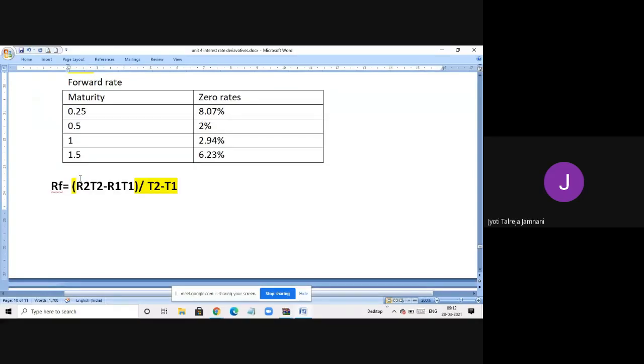So we'll find the forward rate. We can't do it for 0.25 because there is nothing before that. We'll start from 0.5 only. So this is T2, the one above is T1. This is R2, 2%, and R1 is 8.07%.